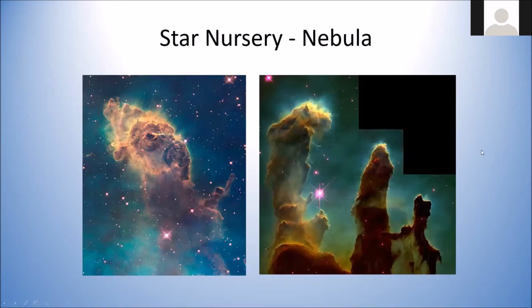So the first place we want to go is to what we call the stellar nursery, or nebula. The picture on the right is called the Pillars of Creation. In these clouds of dust and molecules, they believe many of the stars are actually born.